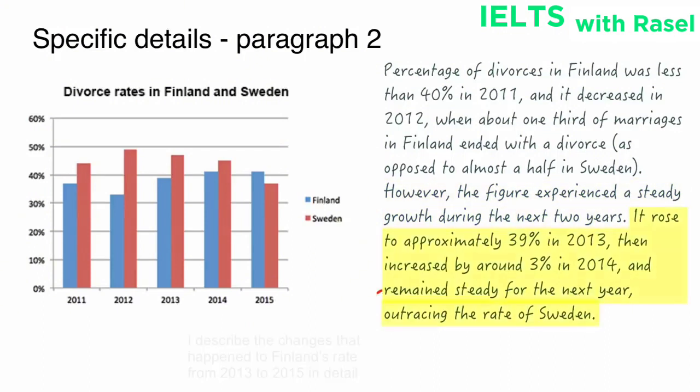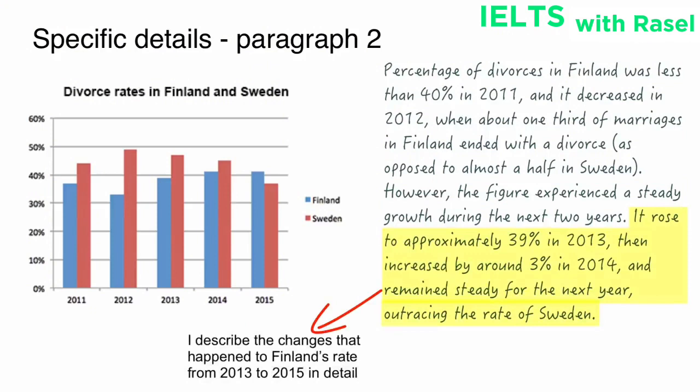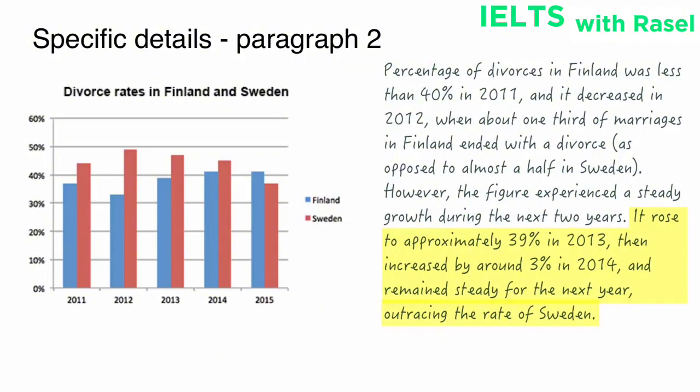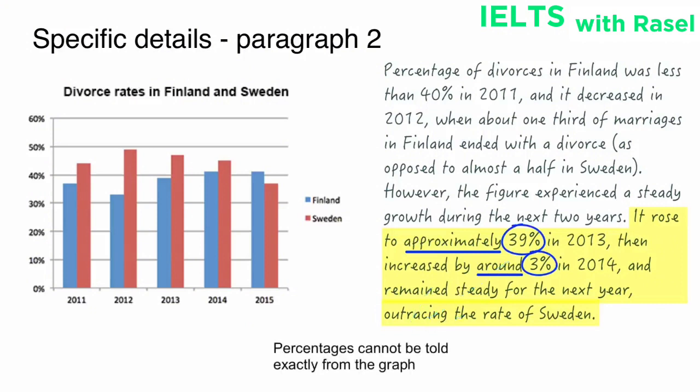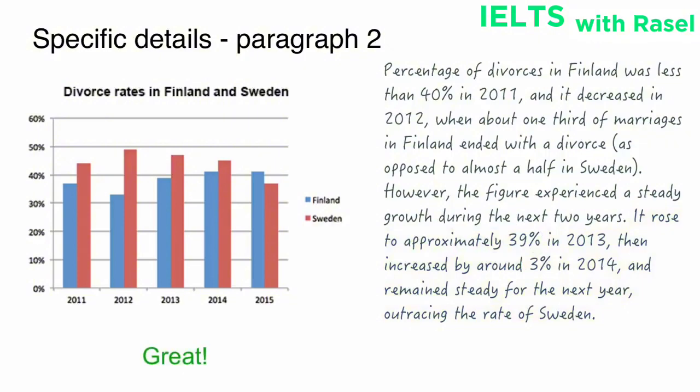In my last sentence, I describe the changes that happened to Finland's rate from 2013 to 2015 in detail. You can see that I use words approximately and around to show percentages that cannot be determined exactly from the graph. Great. That's our second paragraph with specific features.